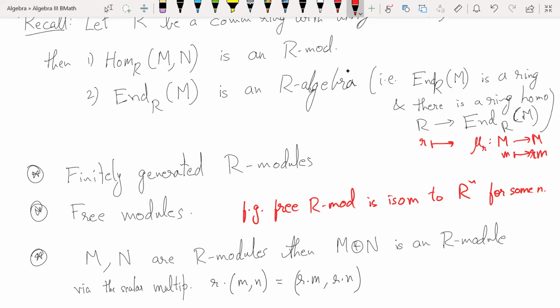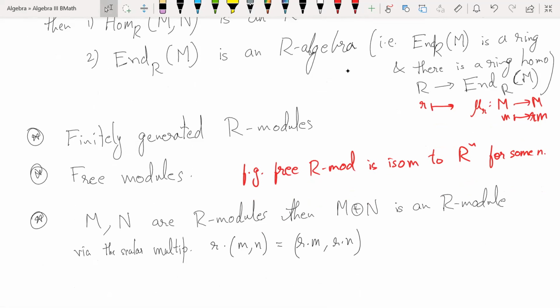Maybe in constructing R^n, we used implicitly that if M and N are R modules, then M x N is also an R module, via component-wise scalar multiplication. So we ended at free modules, and this is this additional thing.